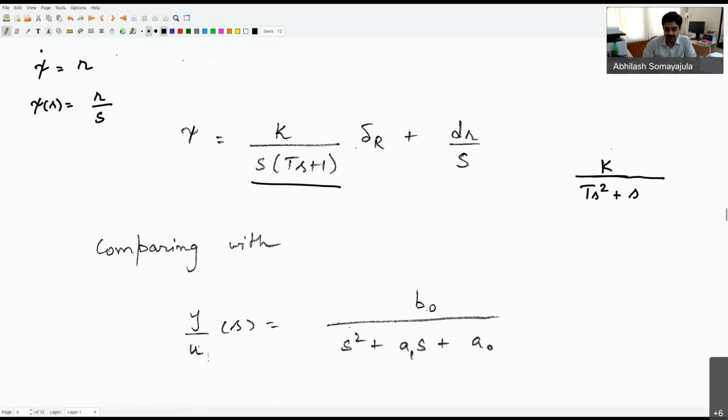By making a comparison, what will B0 be? K by T. What will A1 be? 1 by T. And A0 will be 0, because there is no stiffness in the yaw term.